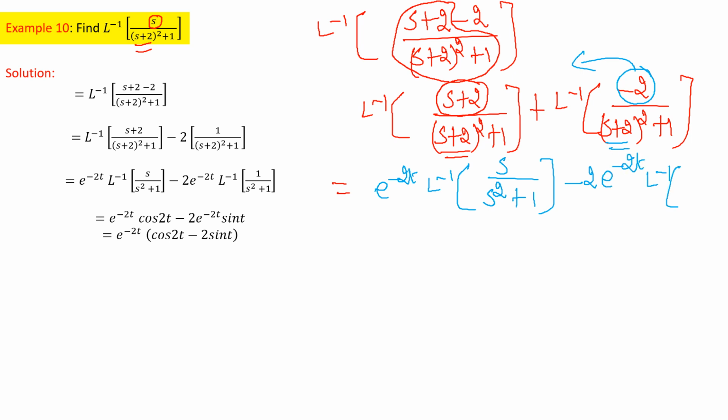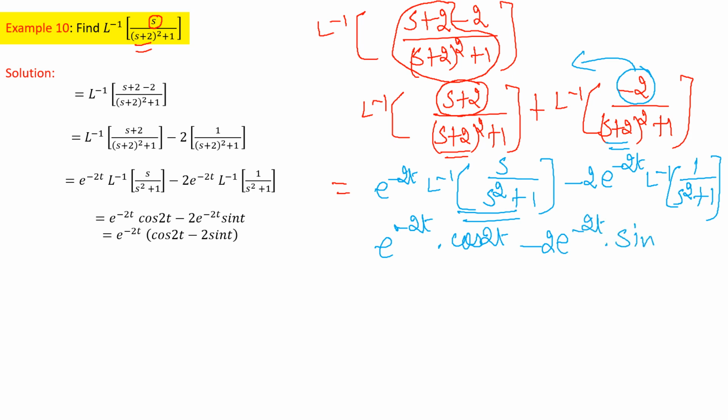Then I have L inverse of 1 by, this will reduce to s power 2 plus 1. So the final answer is e power minus 2t. This will become cosine 2t minus 2 into e power minus 2t, and this will become sine at by a. Here a equal to 1, so I have sine t.